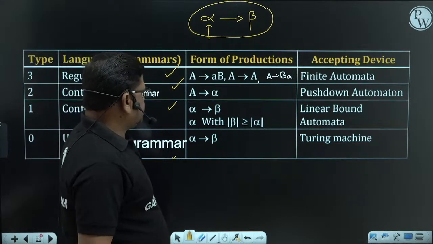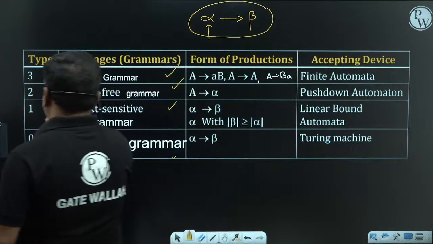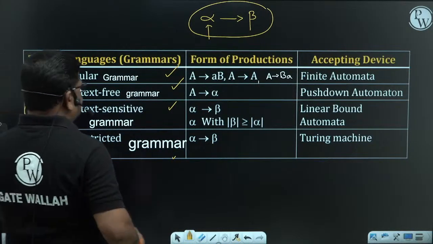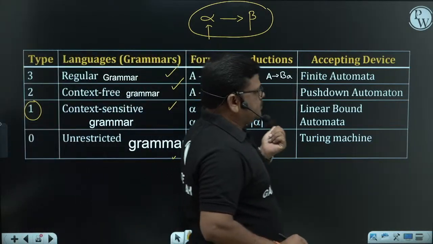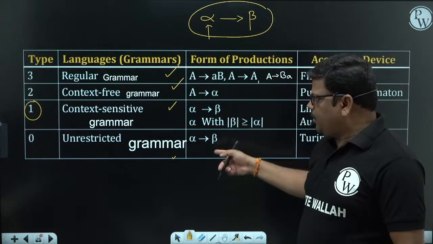Type 1 grammar. What is the type 1 grammar? Type 1 grammar is also called context sensitive grammar. Its rule is almost the same as type 0.